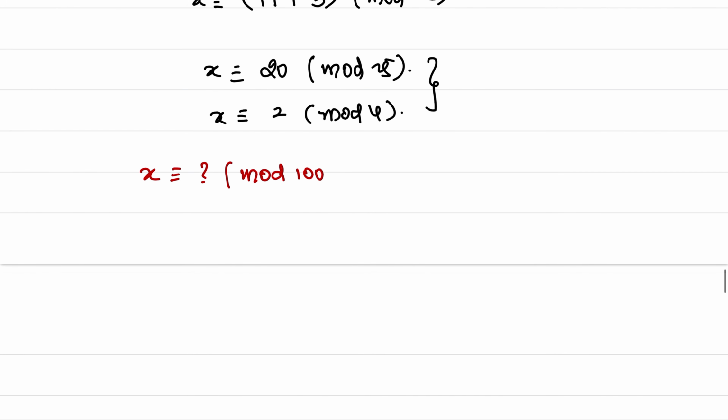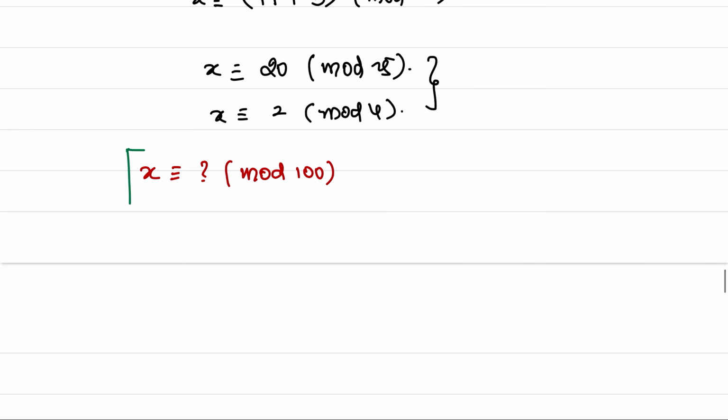Mod 4 we have got and mod 25 we have got. We have to find out x, what will be the last two digits. That means what will be the remainder when the given problem is divided by 100. This is what we have to find out. We have simplified to this.